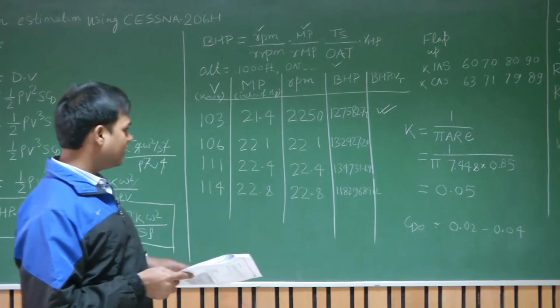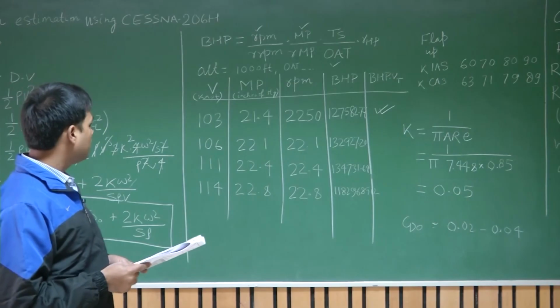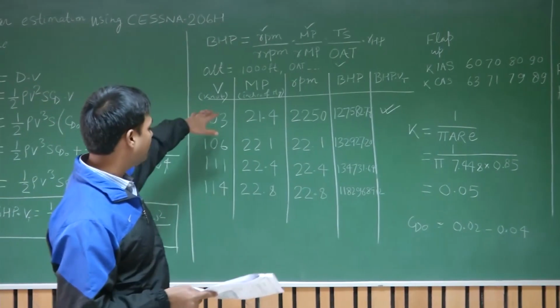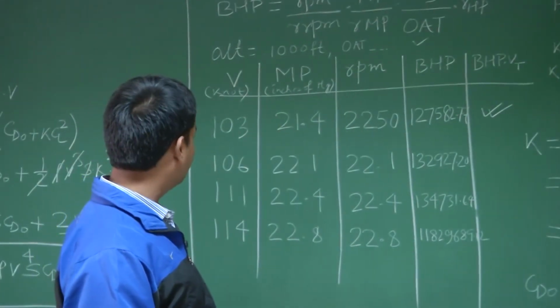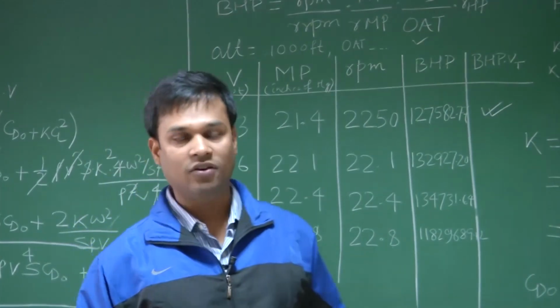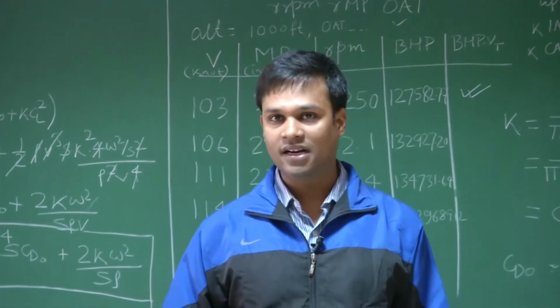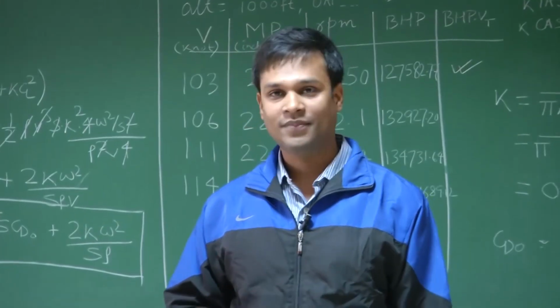But the whole idea is this: once you have the aircraft and you want to estimate CD naught and K, these are the variables you need to note during the flying condition. With that you will get BHP, brake horsepower, and true airspeed, you will convert from your indicated airspeed, and you will be able to estimate CD naught and K. So thank you so much.